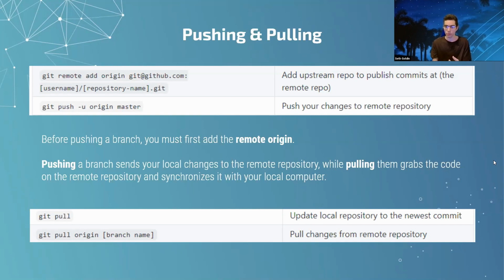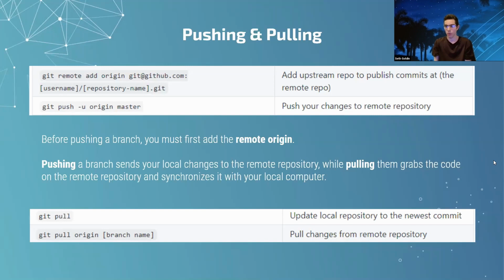So you push your changes to the remote repository or the cloud with git push, and then there are different variations on that. And then the alternative to that would be git pull, which basically takes your changes on the remote repository and grabs them and synchronizes them back with your computer.